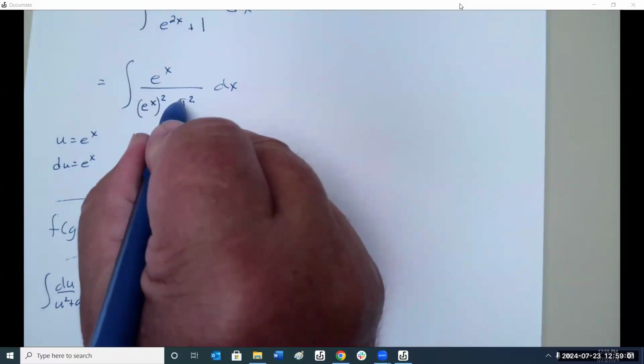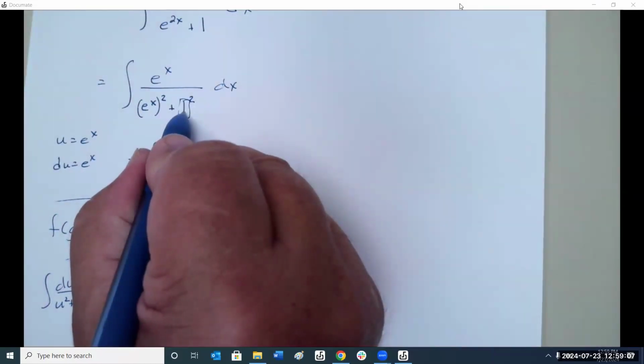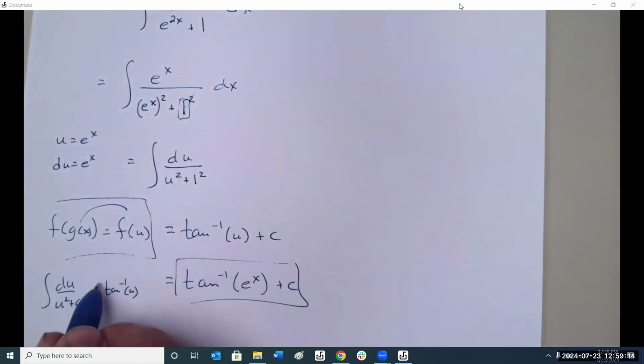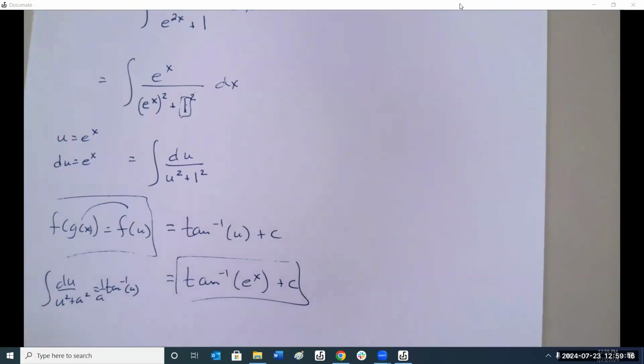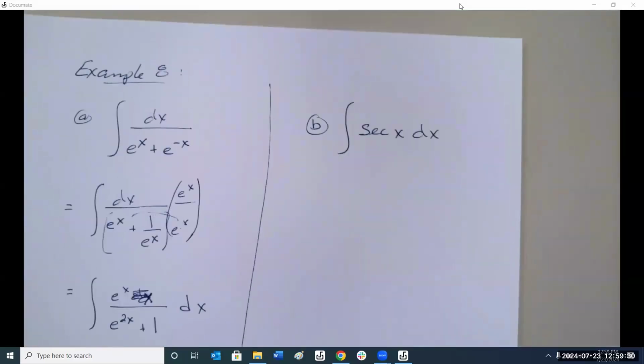A is this number, the constant. Well, if it was 4, then a would be 2, because it's 2 squared. Even though it's supposed to have 1 over a, since a is 1, there's nothing there. Okay, B. Let's look at the next one.